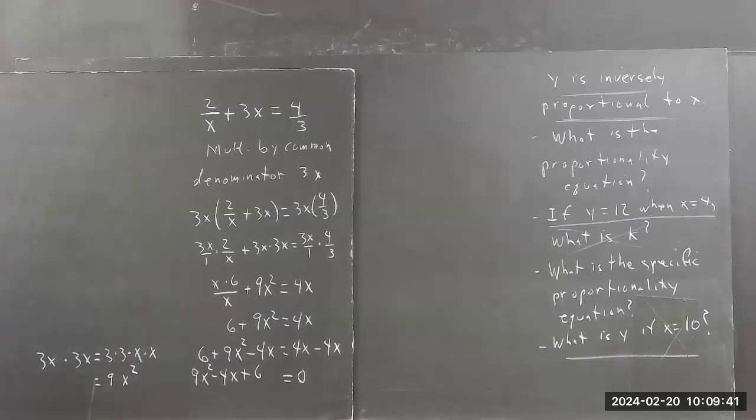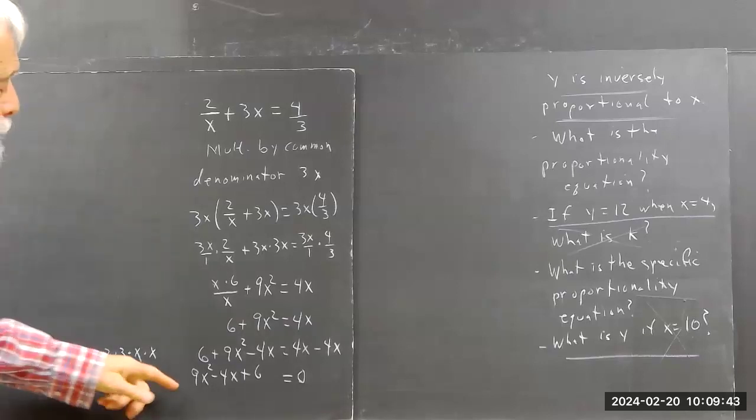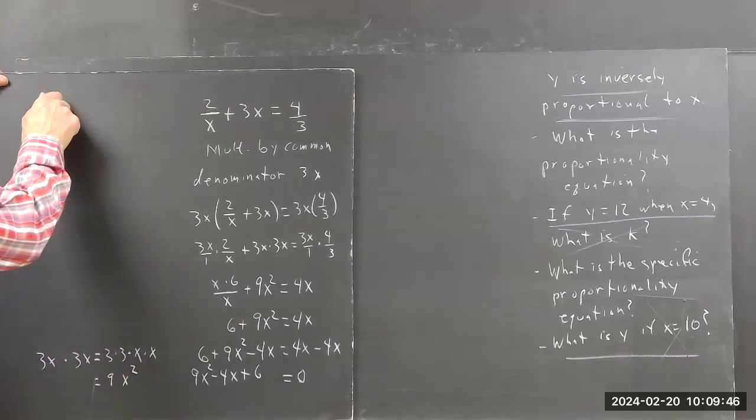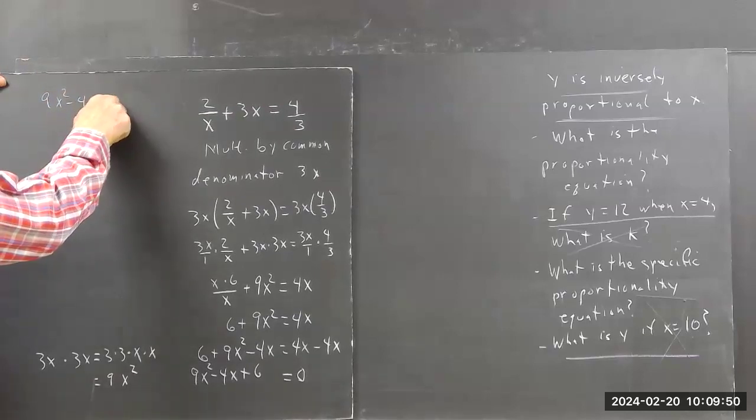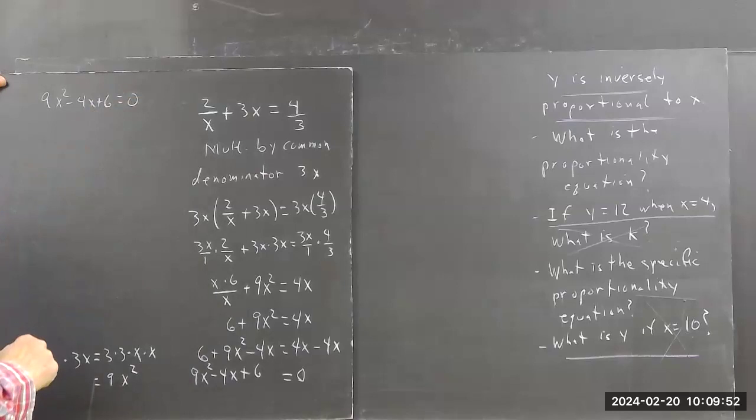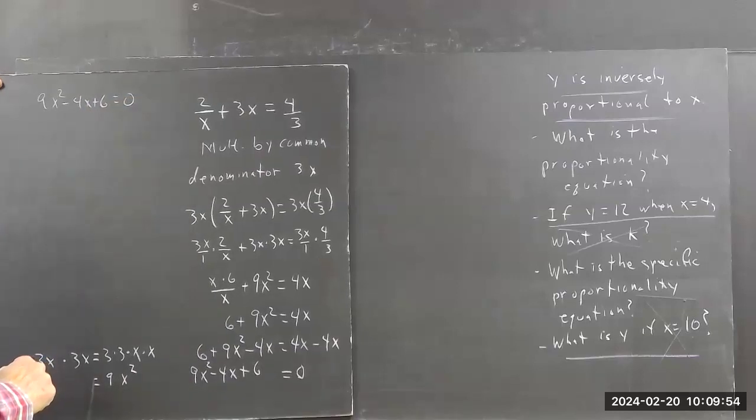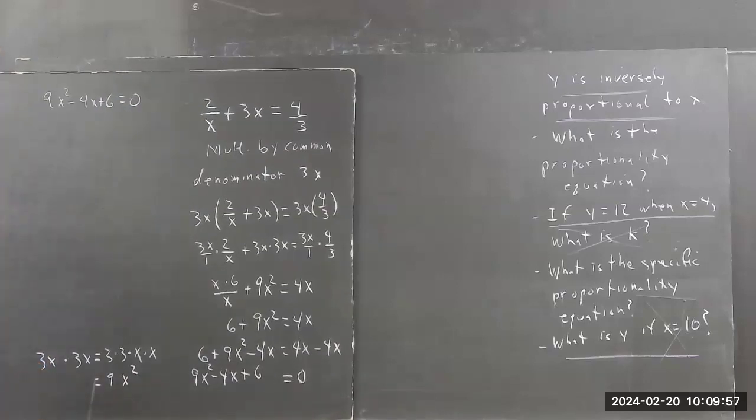Okay. What are we going to do with that? Well, let's write it up here. 9x squared minus 4x plus 6 equals 0. Okay, any ideas?